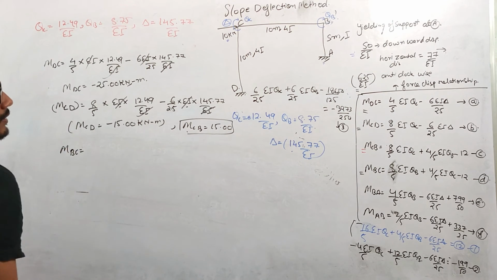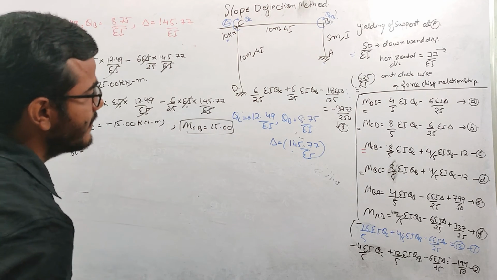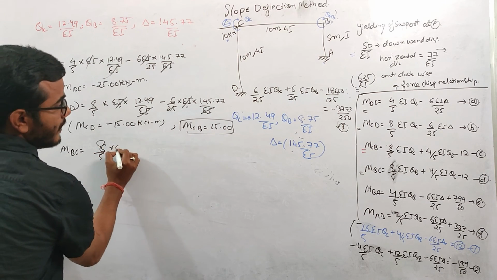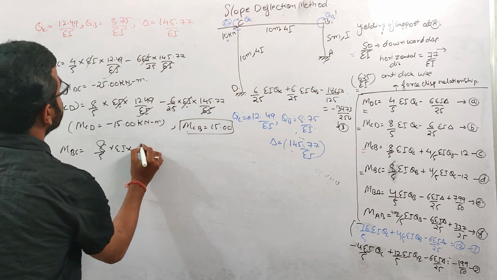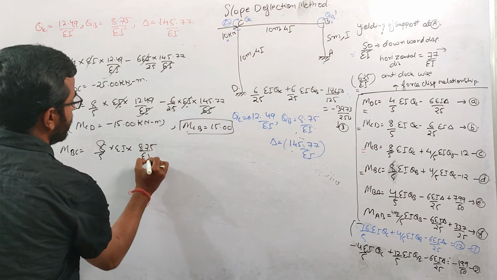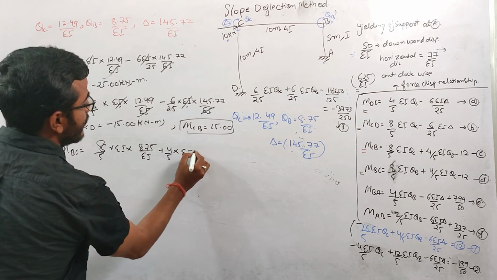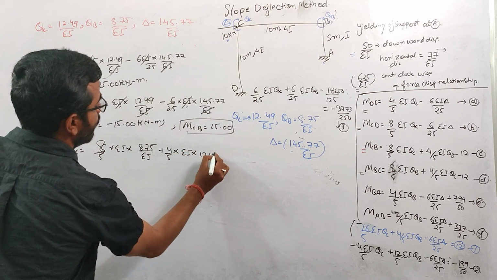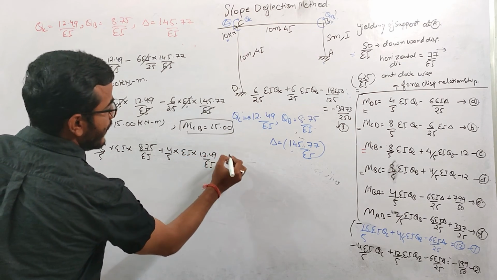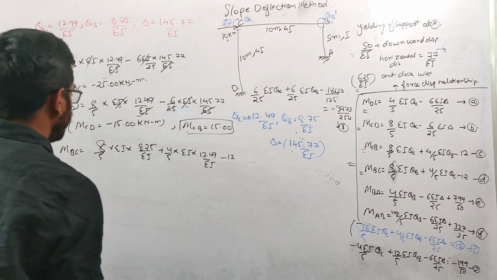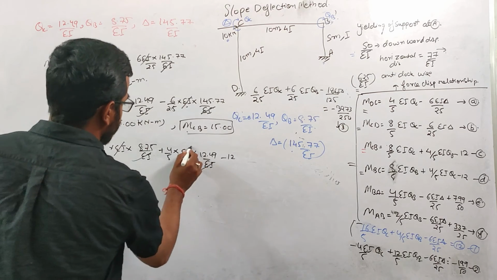MBC is 8 by 5 EI into theta b, where theta b is 8.75 over EI, plus 4 by 5 into EI into theta c, which is 12.49 over EI. I am using this equation. EI will cancel out each other.